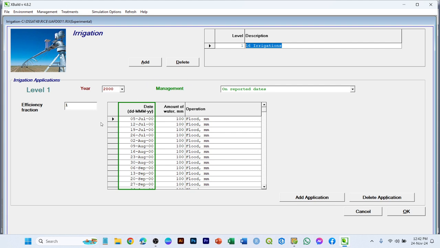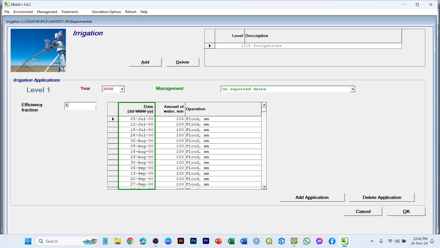Efficiency fraction. This is the technical word. Mean efficiency, the efficiency will be equal to what? This is a ratio basically. As this efficiency is equal to 1, then it means efficient utilization of resources. So you don't need to change the efficiency.